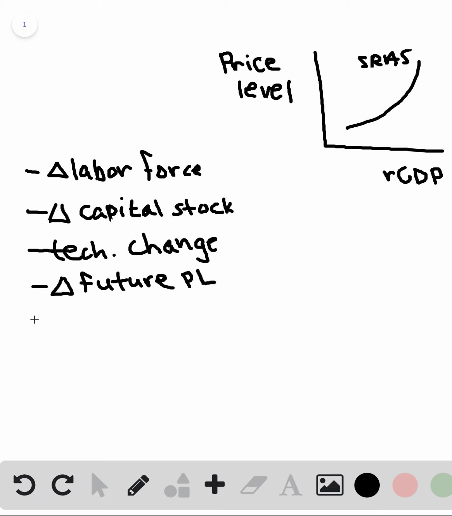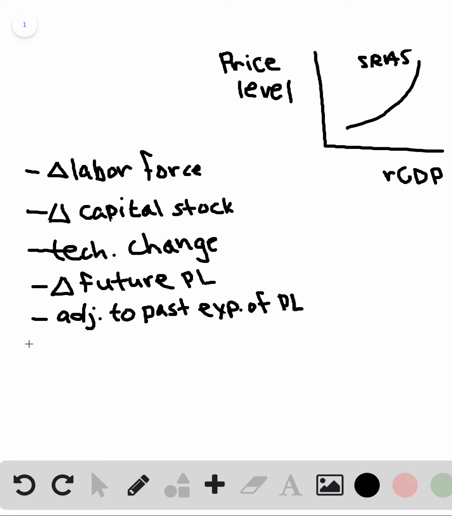Then we have adjustments of workers and firms to past expectations of price level. So adjustments ADJ to past expectations EXP of the price level. All right, there we go.